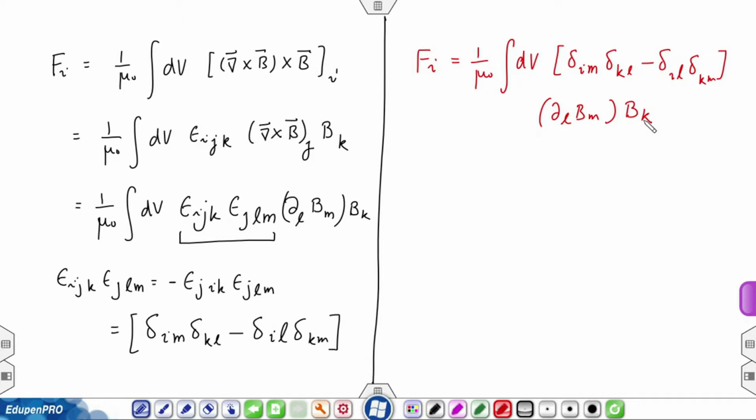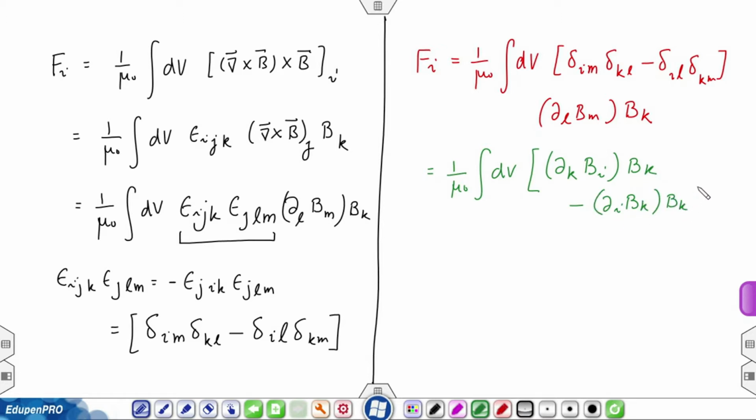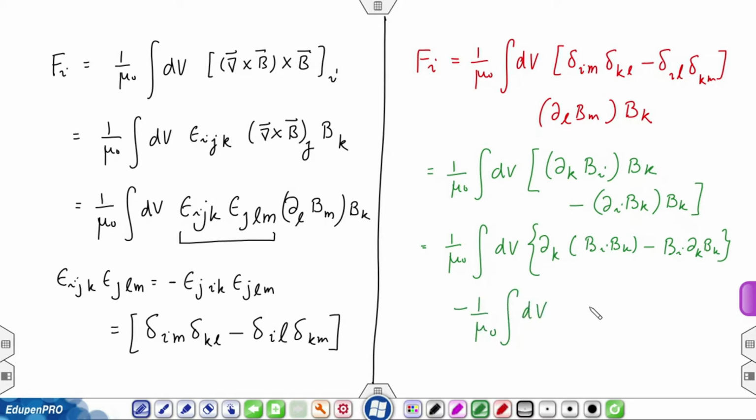Now, I can carry out the summation over repeated indices and write this as 1 over mu 0 integration dV partial_k B_i B_k minus partial_i B_k B_k, which I can write as 1 over mu 0 integration dV partial_k acting on both B_i B_k, minus B_i partial_k B_k, minus 1 over mu 0 dV 1 half d_i B vector square.